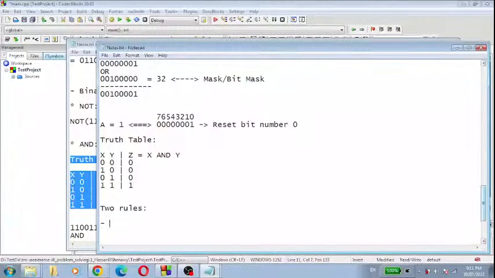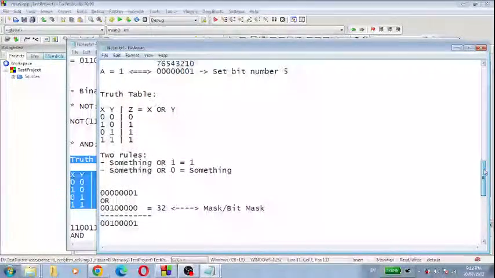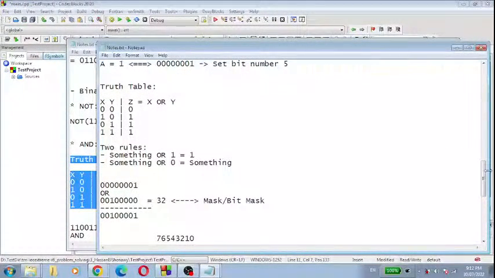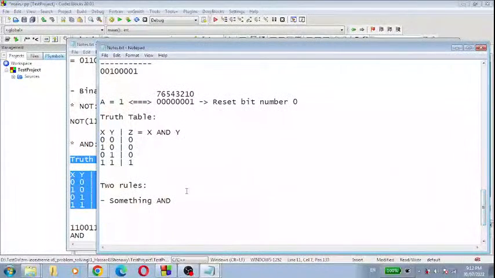The first one is something which is ended with 1 is going to be the same thing actually, and now I have something which is ended with 0. It is going to be 0. So that's it.